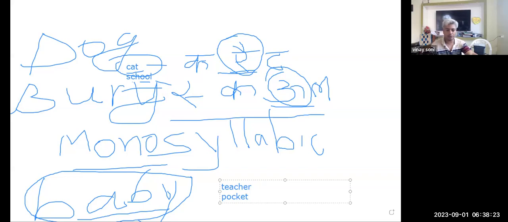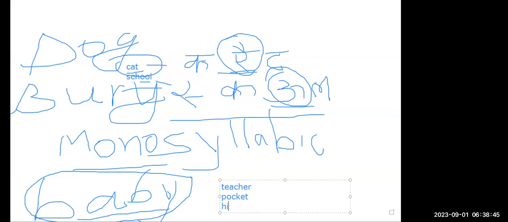Now, let's move on to some more words. If I give you an example, how many vowel sounds do you have here? Read the word. What did I write? Hi.